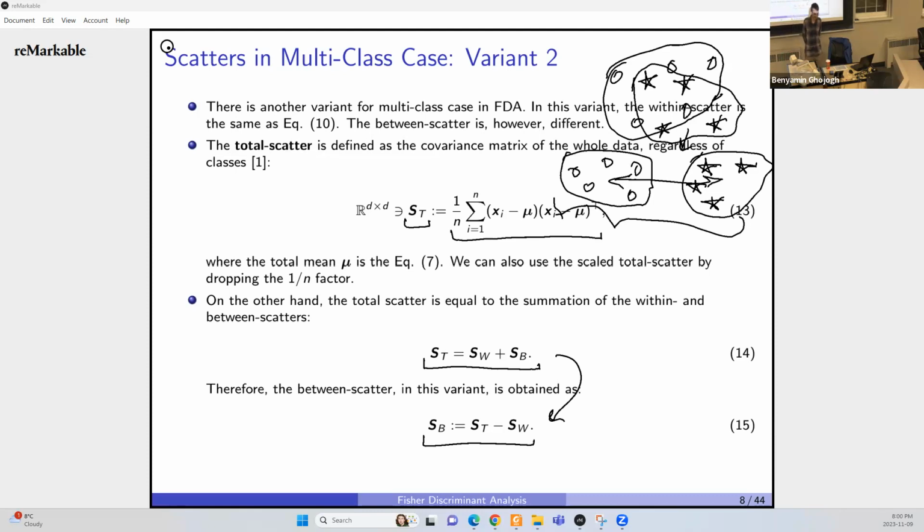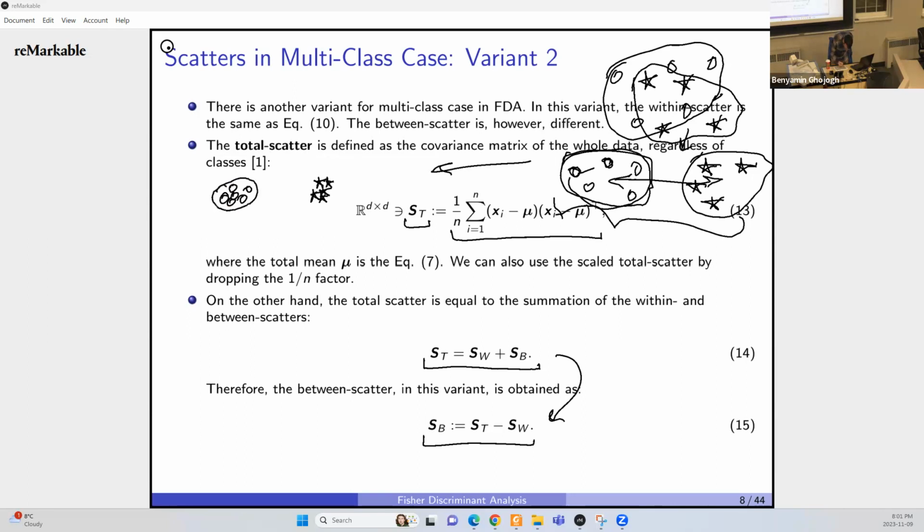Make it big? No, the other way around. You make every class smaller. You push these blue balls next to each other. You also push these red balls next to each other. So I see the whole blue balls as one ball and the whole red balls as one ball because I'm weak in eyes. So basically what you do is this. You put all of the blue balls here, red balls next to each other.